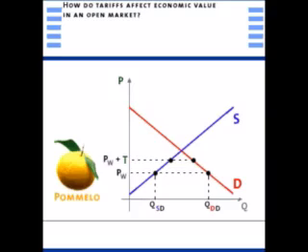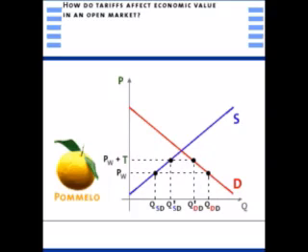The second thing that happens as a result of the tariff and its higher price is that more French farmers get back into the pomelo business. More French farmers decide that they can afford to supply pomelos, they can afford to be sellers, because they can cover their opportunity cost at this higher price. So buyers buy fewer pomelos, farmers sell more pomelos.